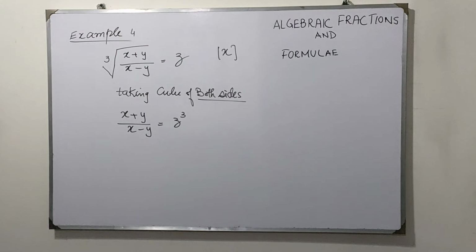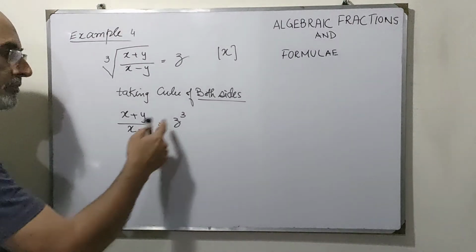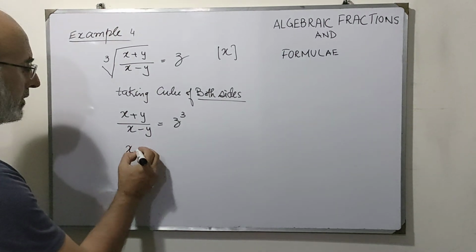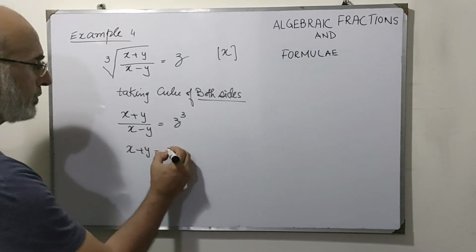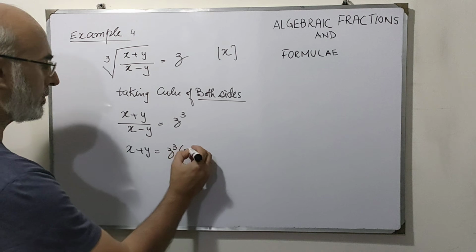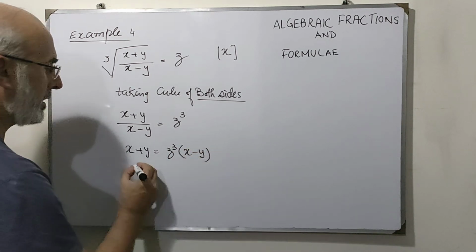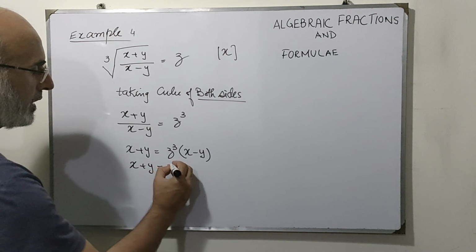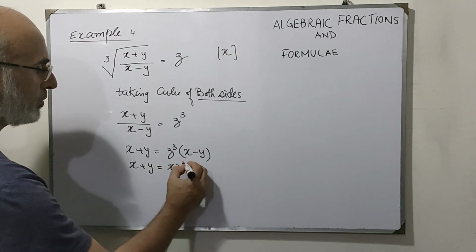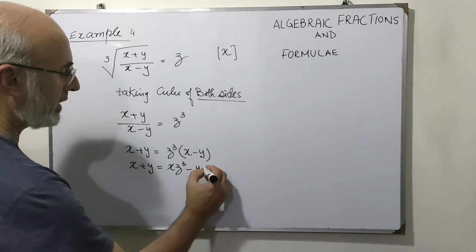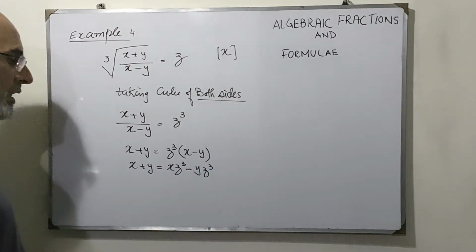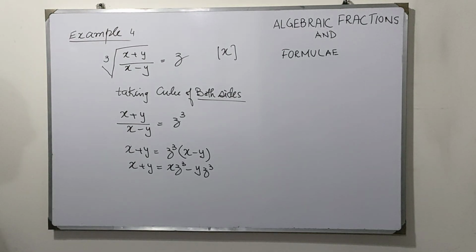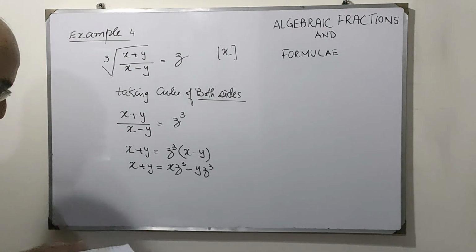Okay, now cross multiply or whatever you want to say, x plus y is equal to z cube into x minus y. So we have here x plus y is equal to x z cube minus y z cube. Since I have to make x the subject, so what am I going to do?